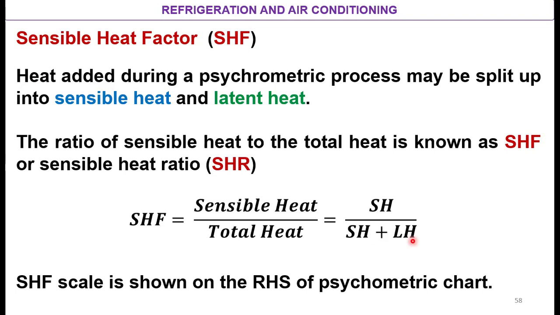And the concept of the bypass factor, the equation for the bypass factor for the heating process as well as the cooling process. 1 minus bypass factor is nothing but the efficiency of the coil. And at the end, the sensible heat factor, the ratio of the sensible heat and the total heat. So these are the points that we have discussed.